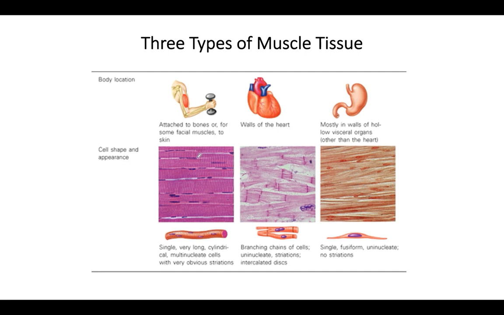Skeletal muscle tissue moves voluntarily. It's up to you. The movement of skeletal muscle tissue depends on your free will. Cardiac and smooth muscle tissue commit involuntary movement. So they always move regardless of your control.